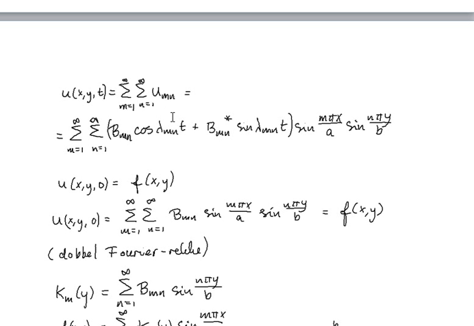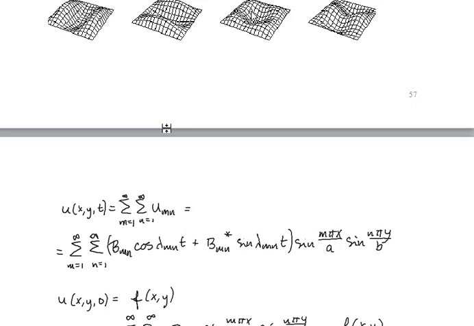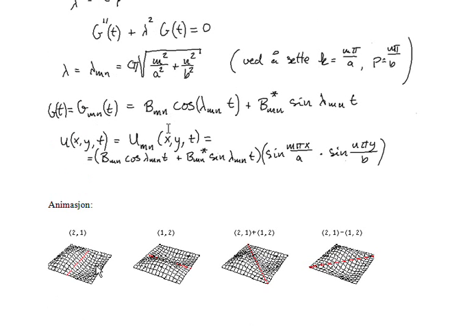This eigenvalue lambda mn, let's recall what it is. It is given by this expression, c pi multiplied with this square root. So a and b are the side lengths of the rectangle. a is the side length in x direction, and b is the side length in the y direction.